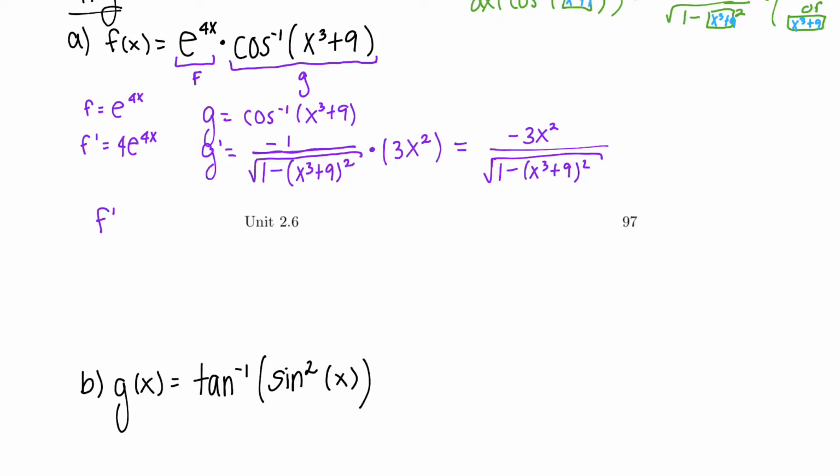So our derivative f prime of x, and again, abusive notation here because this f here and this f here, it's abusive notation. But this f and g belong to just the product rule part of it. F of x is really this entire equation. So f prime of x is equal to, with product rule, f prime g plus g prime f.